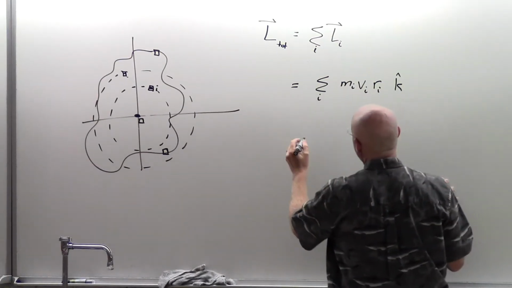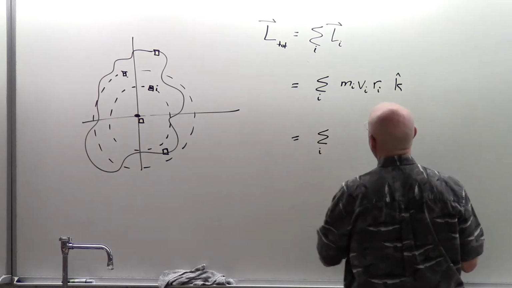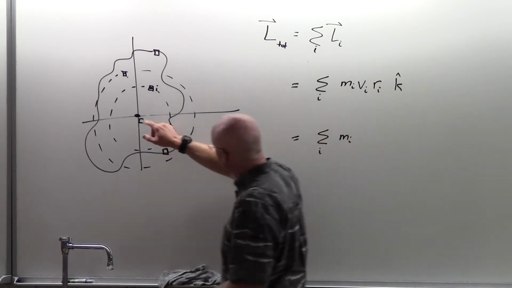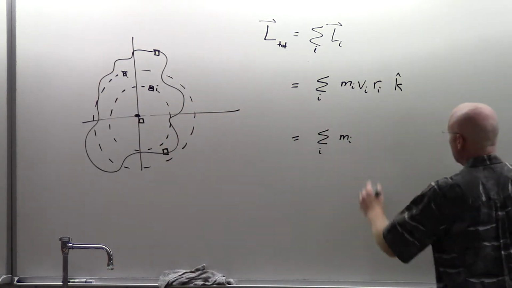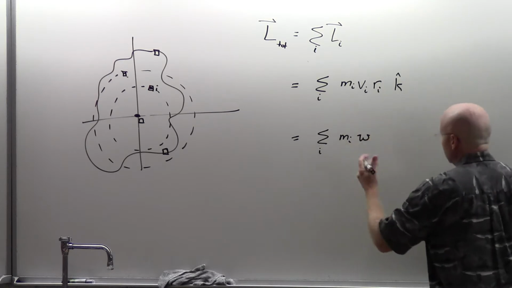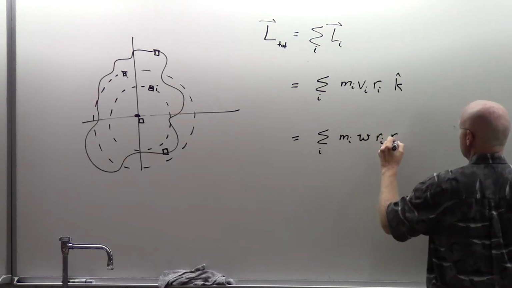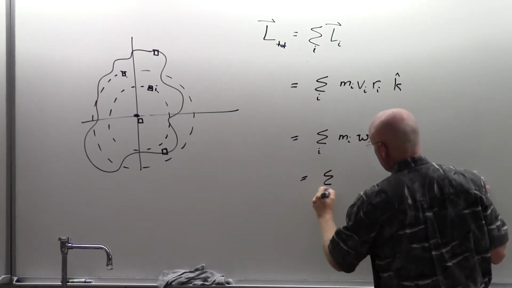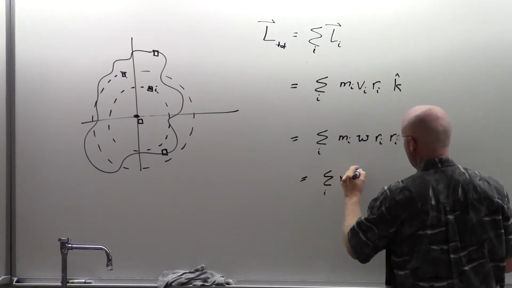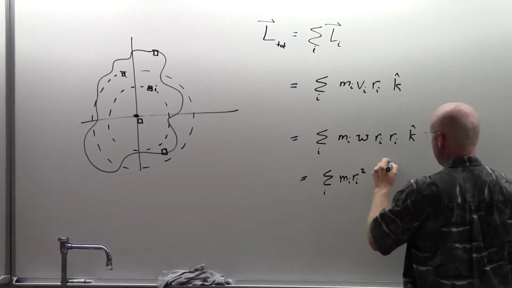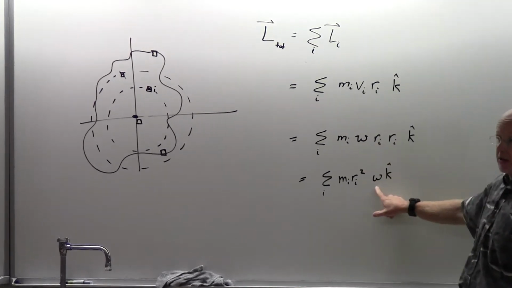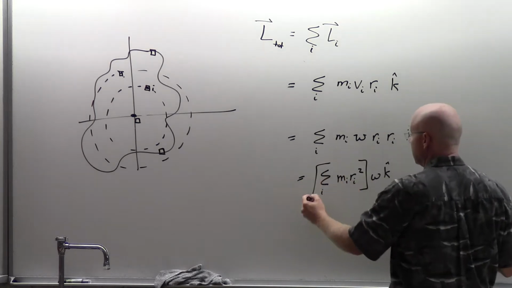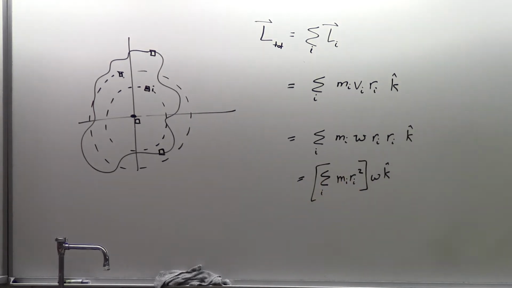So when I go to add this up, and before I add them, I will make a quick switch going back to chapter 10. How would I get the speed of the ith piece? I guess I would write that as the angular speed times the radius. And so now, maybe you can see where this is headed. But each piece has the same angular speed. It is in the same direction. And so really, this is the summation part of it, if you factor out all the other pieces.